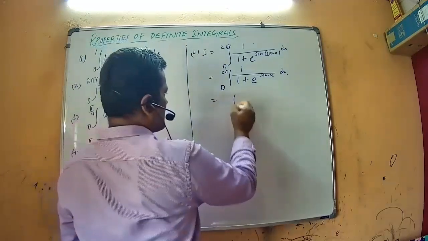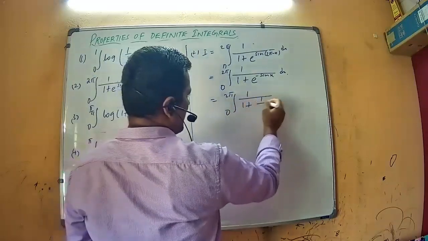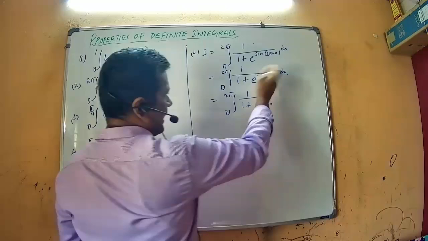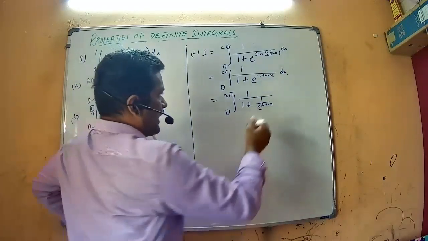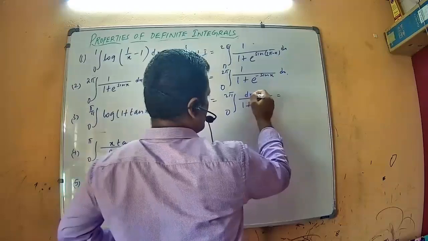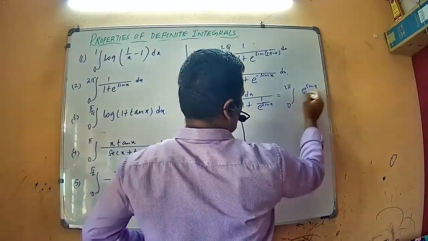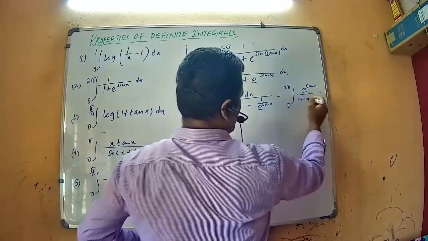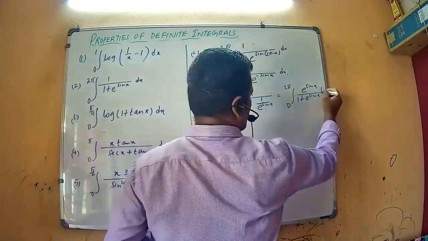So finally, this is the integral from 0 to 2 pi of 1 by (1 plus 1 by e power sin x). E power minus sin x can be written as 1 by e power sin x. So this will become the integral from 0 to 2 pi of e power sin x by (1 plus e power sin x). If you take the LCM, that is what you get.